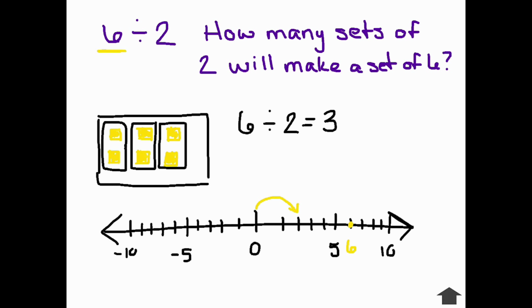There's 1 set added, 2 sets added, 3 sets added. How many sets did I add? I added 3 sets. So my answer is positive 3. It took 3 sets of 2 to make a set of 6.